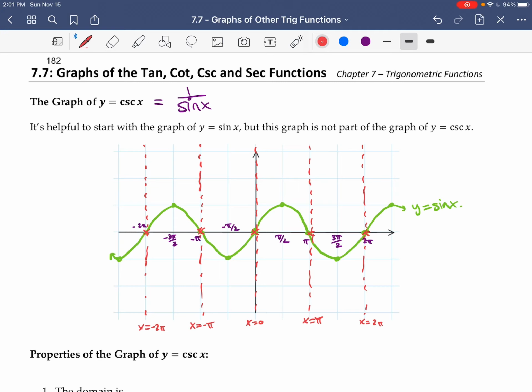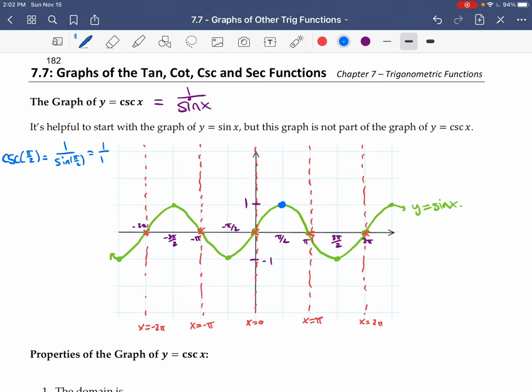Now, we want to remember that this is 1 and -1. So if I wanted to graph cosecant, if I'm at pi by 2, cosecant of pi by 2 is going to be 1 over sine of pi by 2. And sine of pi by 2 is 1. So this is 1 over 1, so this is 1.